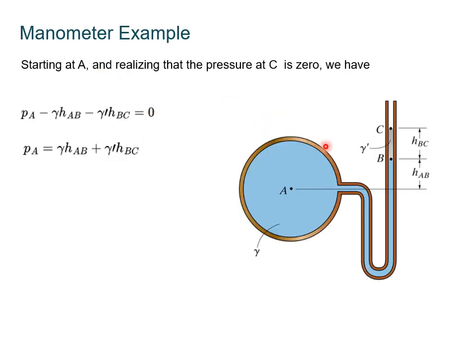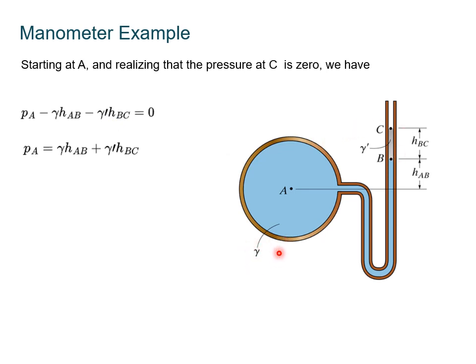So here, for example, let's start here and let's assume that the pressure at point C is 0. So we start here at A, so the pressure here is PA. We move across horizontally here, which is the same pressure. Then we go up, so the pressure decreases by an amount equal to gamma times HAB. Then we move up again, and the pressure decreases by an amount gamma prime times HBC.